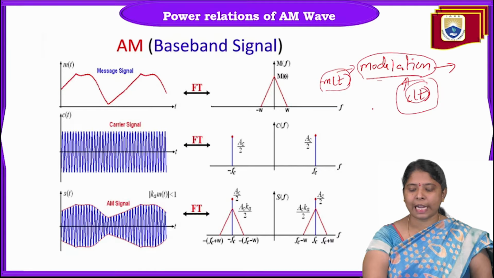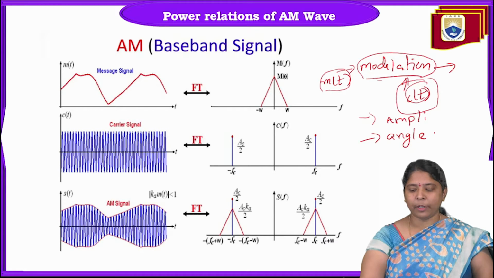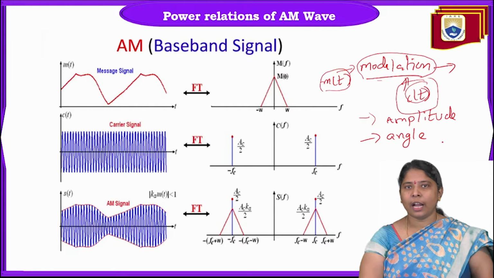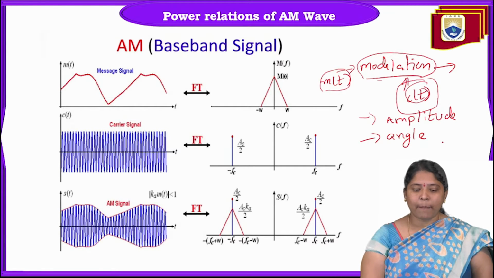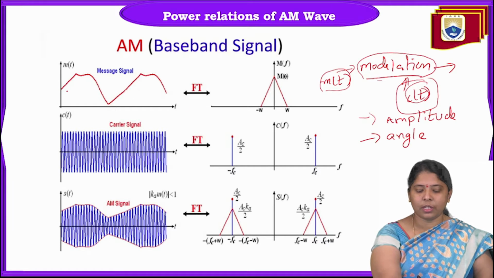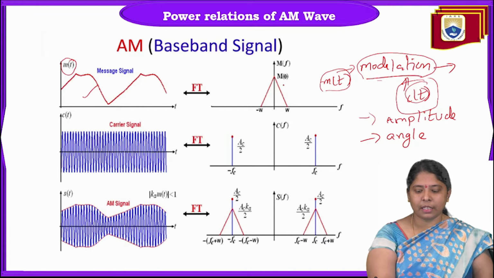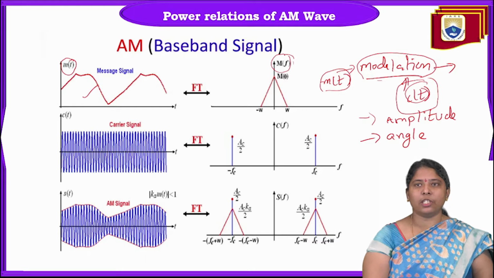Modulation is classified into amplitude modulation and angle modulation. We are in the amplitude modulation part. This is the message signal represented in time domain as m(t), and this is the message signal represented in frequency domain.